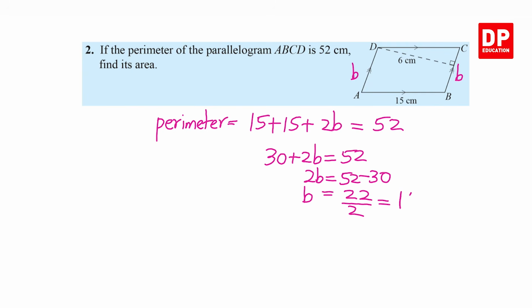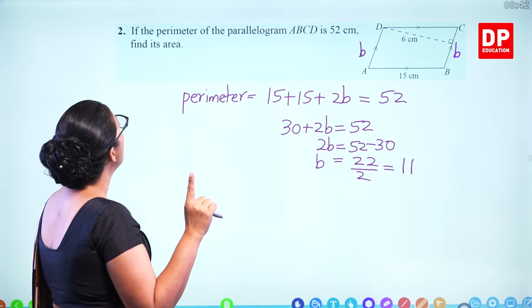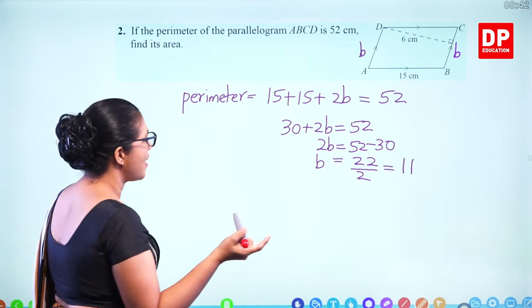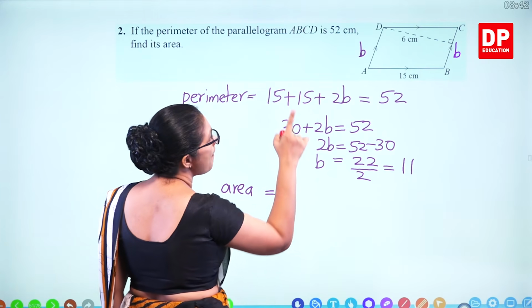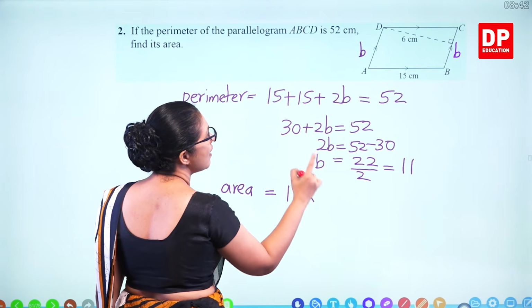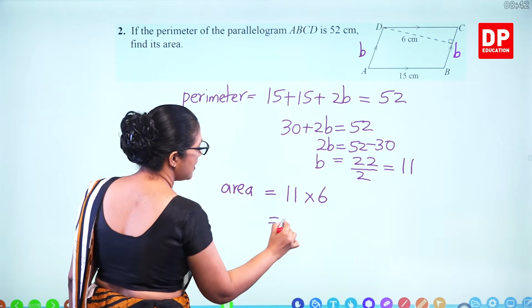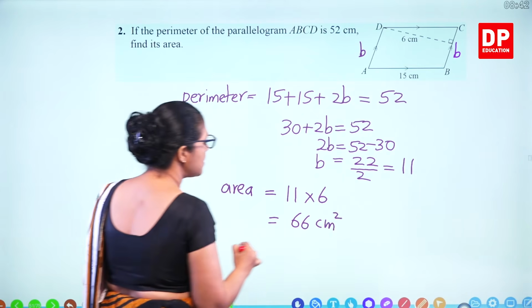You get 11. So what's the base length? 11. Now we can find the area. So area of the parallelogram is, base length is now 11 and the perpendicular height is 6. 11 times 6, 66 square centimeters.